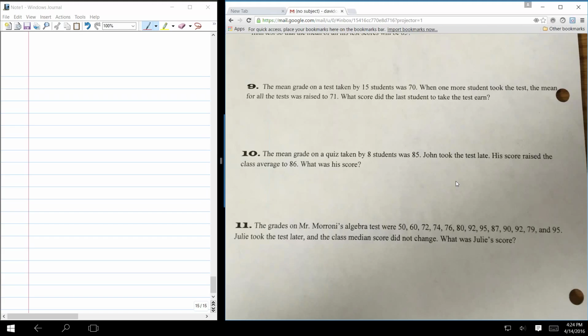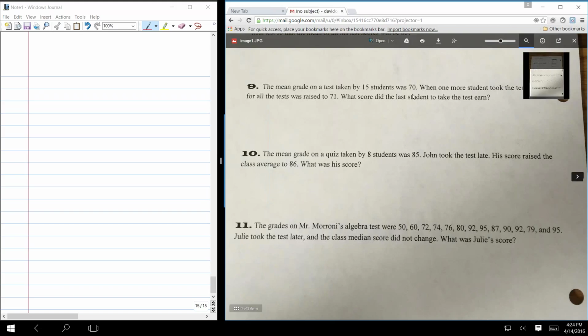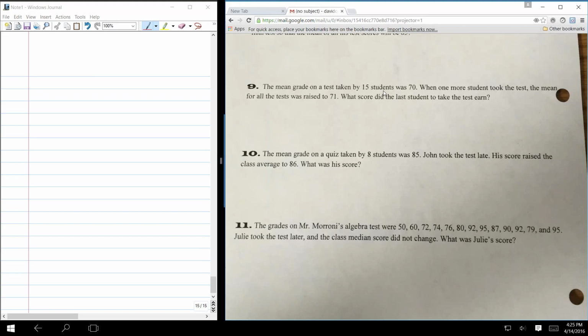Remember, this is a mean question again. So the only thing we care about is totals. If 15 students averaged 70, what was the total score of all 15 students? 70 times 15, 1,050. Okay, so that's their total scores.